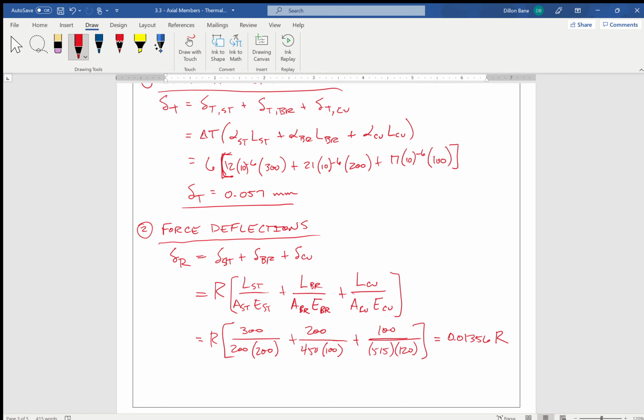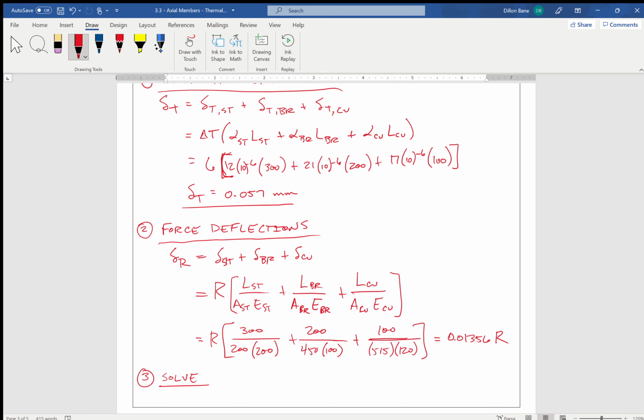So now all we have to do is solve the system, and we know that the thermal deflection, how much it expanded thermally, is 0.057 millimeters, and that the force deflection would be 0.01356 times R, with R being in kilonewtons.